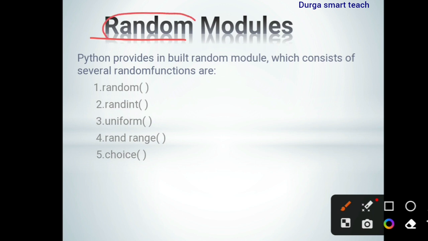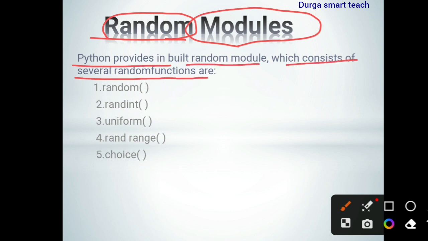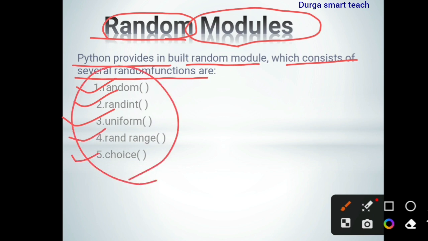This module contains all the functions, variables and classes related to random. Python provides an inbuilt random module which consists of several random functions. Some of the functions are random, randint, uniform, randrange and choice. These are the important functions in the random module.